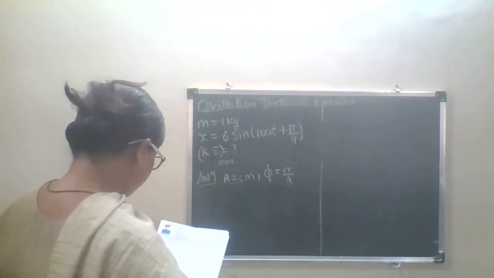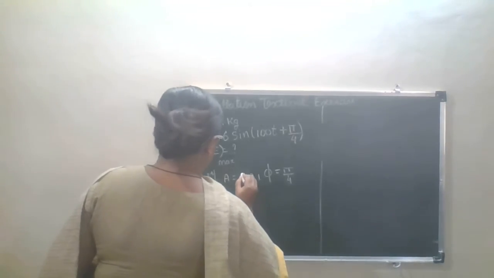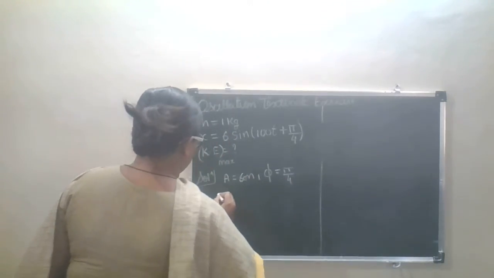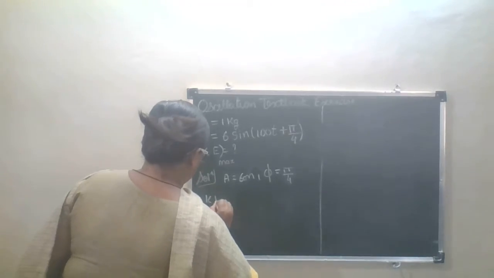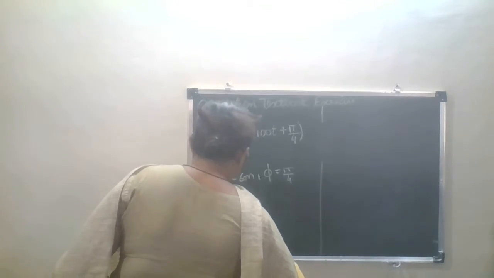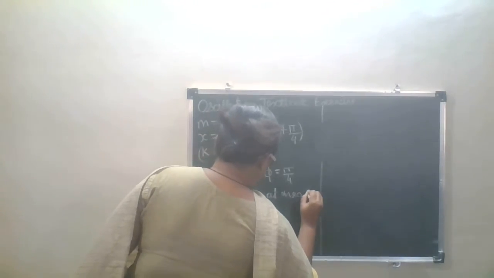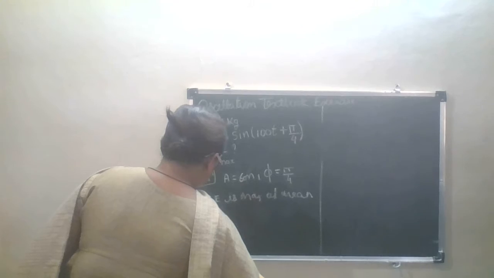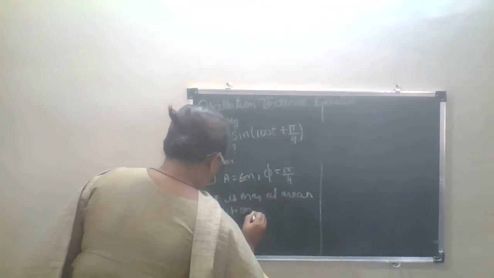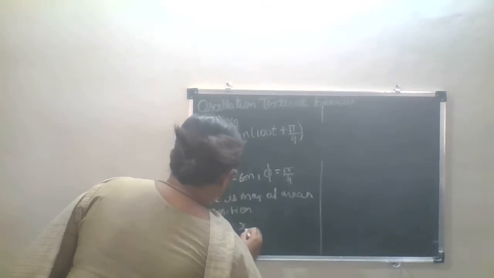So write it as: kinetic energy is maximum at the mean position, which means x is equal to 0.